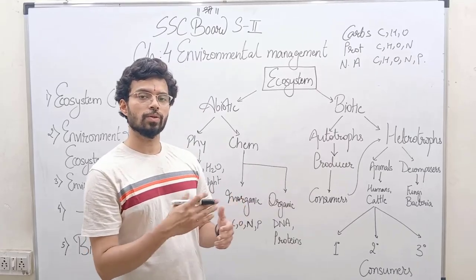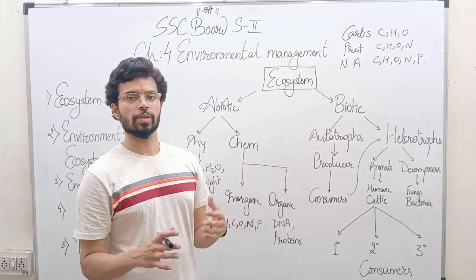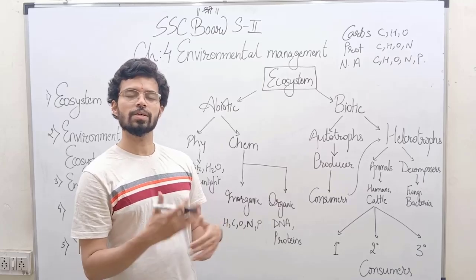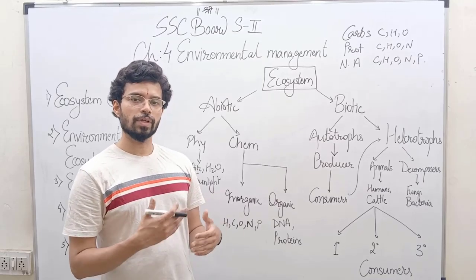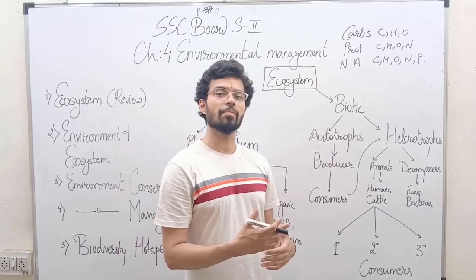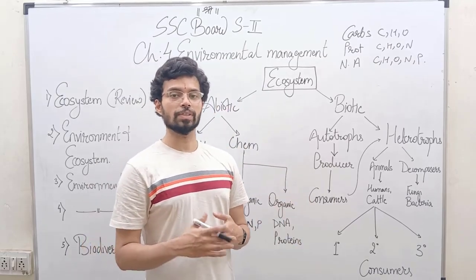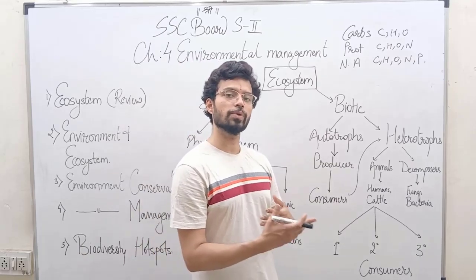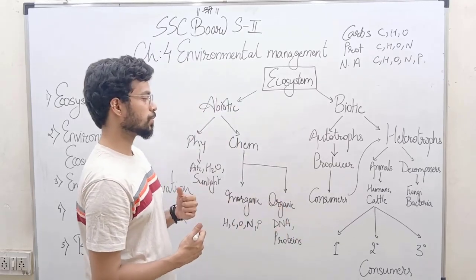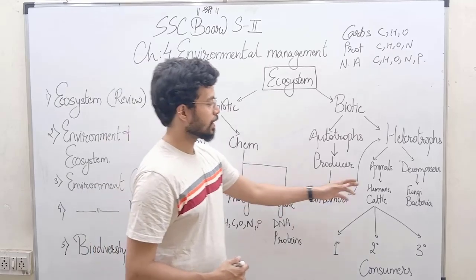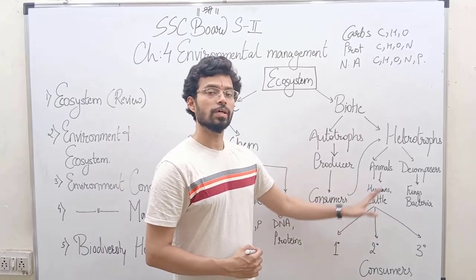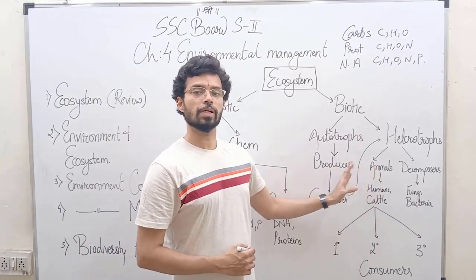So it is a win-win situation for both of them, and they contribute almost equally. In certain places, if the conditions are too harsh, the bacteria might take over. In other cases, mostly it is the fungi which, on a quantitative scale, decompose a lot more matter as compared to bacteria. Now, animals are heterotrophic, so they become the consumers.